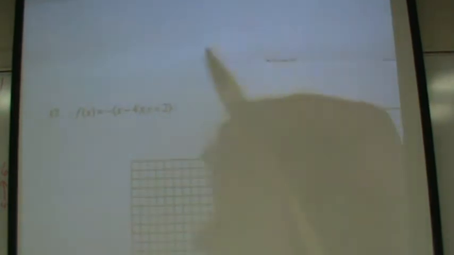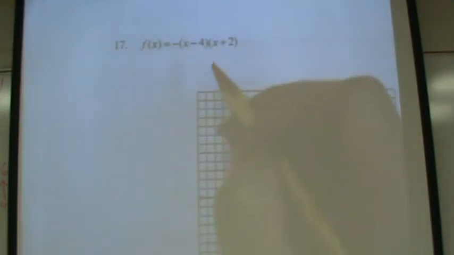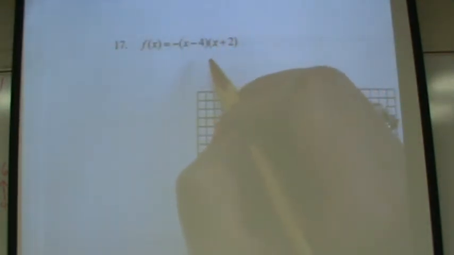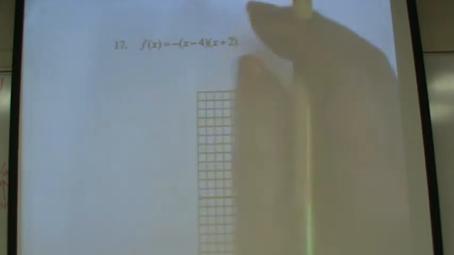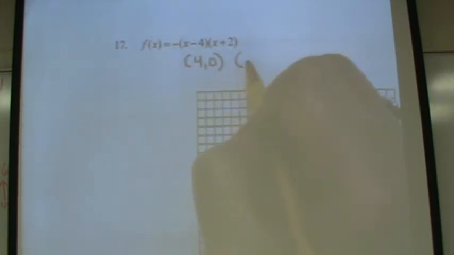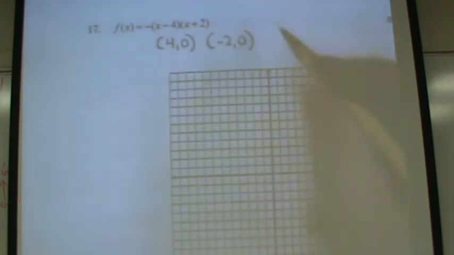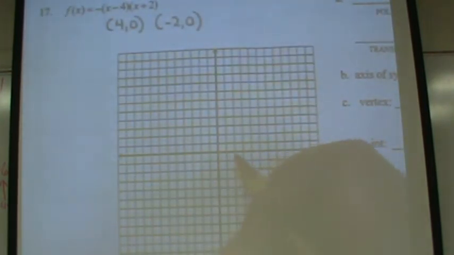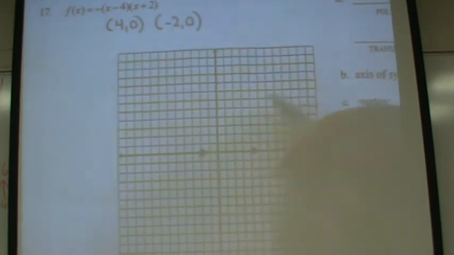Next. This is called, I'm sorry, not vertex form, x-intercept form. Here you know your x-intercepts. Your x-intercepts are 4, 0, and -2, 0. Now what's nice about this, here's 4, 0, and here's -2, 0.